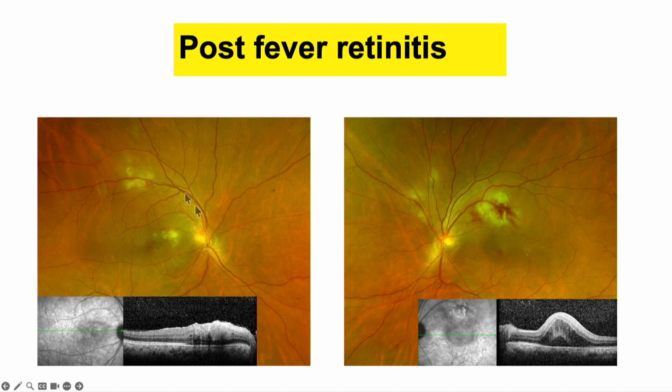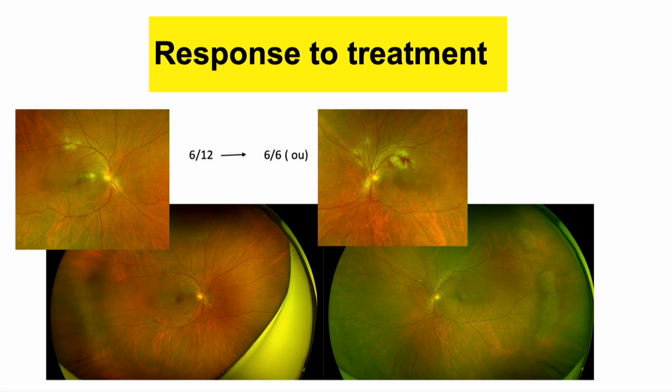And as you can see on the OCT, there is a retinitis lesion here, and in the other eye there is subretinal fluid, and you can see the hyperreflective dots in the vitreous, which are features of post-fever retinitis. So identification of these clinical phenotypes is very important, because when you treat it appropriately, you get better results. This patient improved from 6/12 to 6/6 with oral steroids and doxycycline.